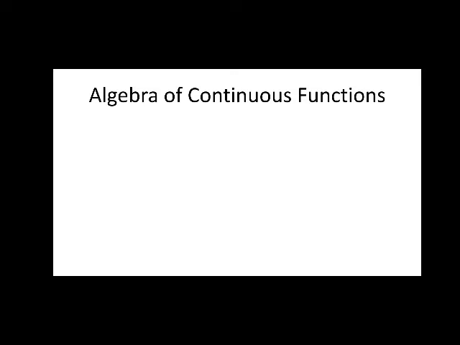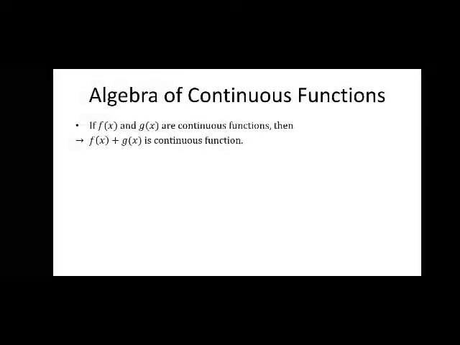Algebra of continuous functions means how two or more continuous functions interact with each other. So if I take f(x) and g(x) to be two continuous functions, then I can say f(x) plus g(x) is also continuous.